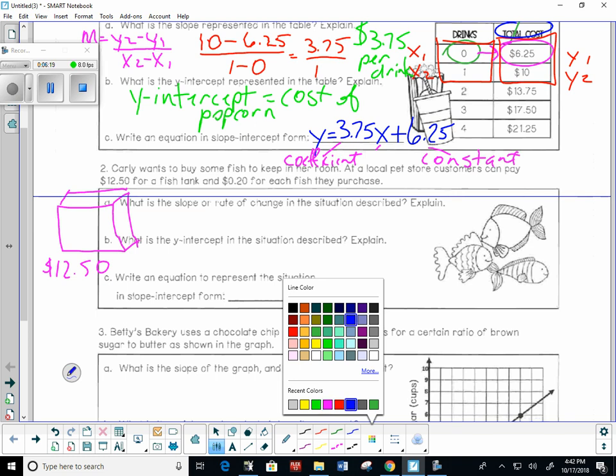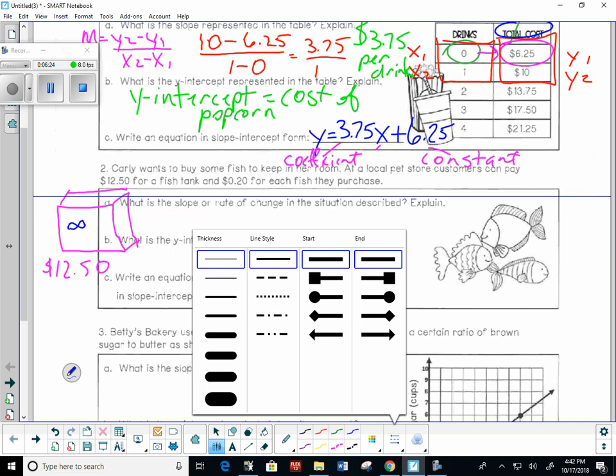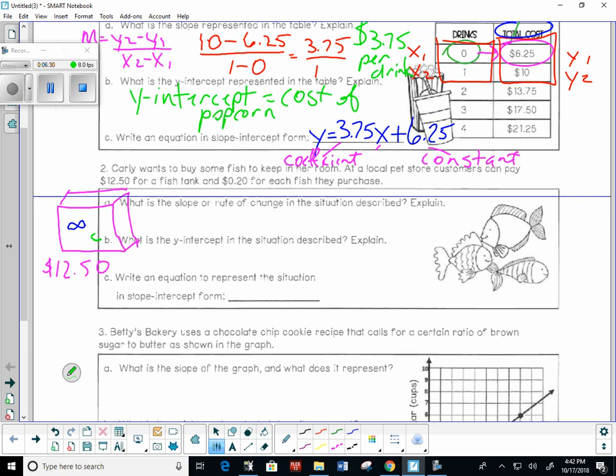Okay, so we may have little blue fish, and we may have green fish, and maybe 2 green fish. And so here we've got 3 fish, and we may want to put more fish in there.